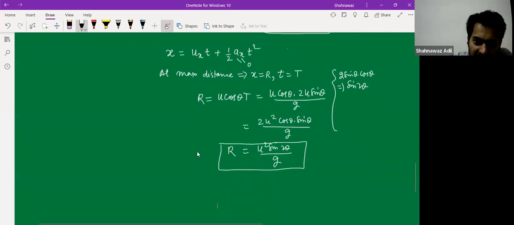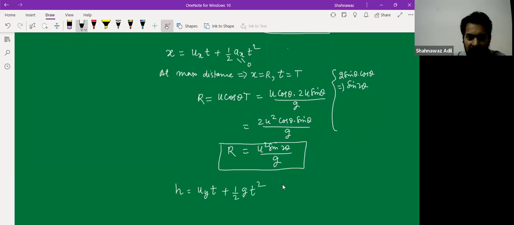The height. Okay, so let's try to calculate height. So what was your height? It was h equals uy t plus half g t square, right?